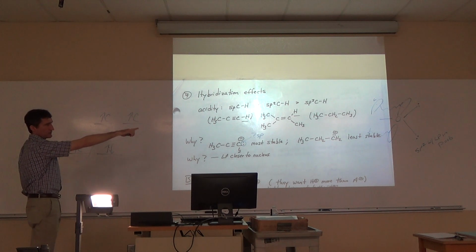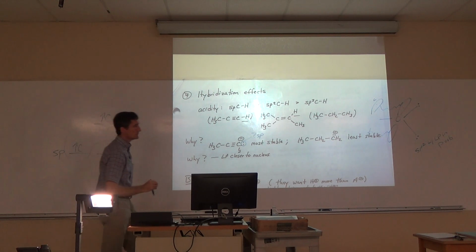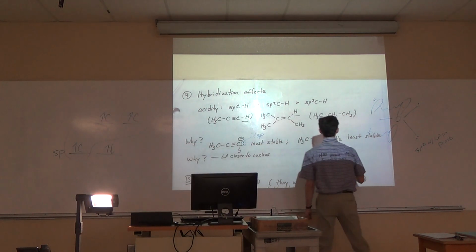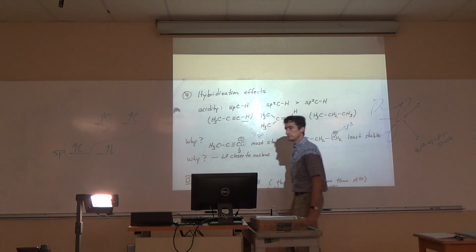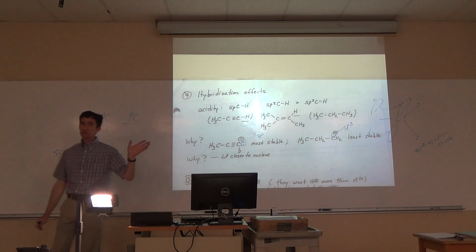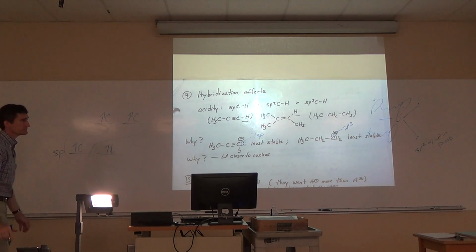What type of orbital is the lone pair over there in? This is sp3. Hopefully you see that. Okay, which lone pair is more stable? sp.